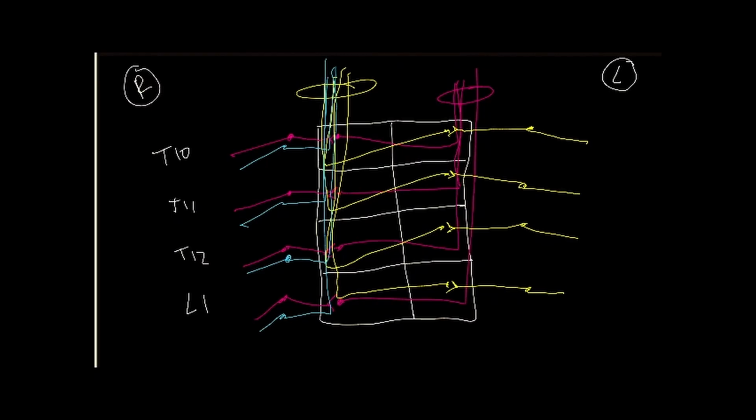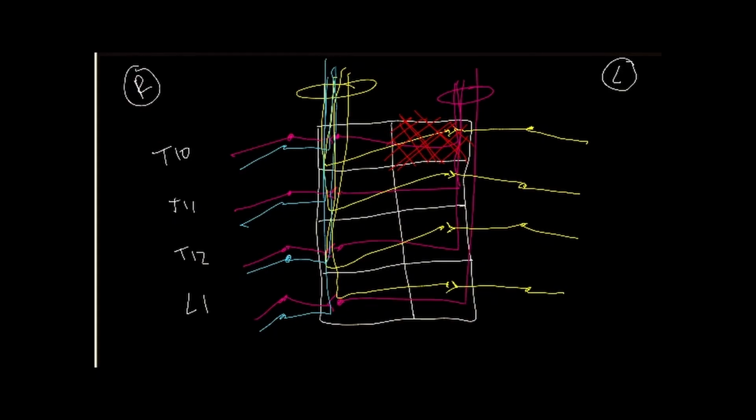Now, let's say we get rid of T10. T10 is now knocked out. No electrical activity can happen. Let's follow the yellow. This is at the level of the injury. Will this signal from T10 get into the spinal cord?